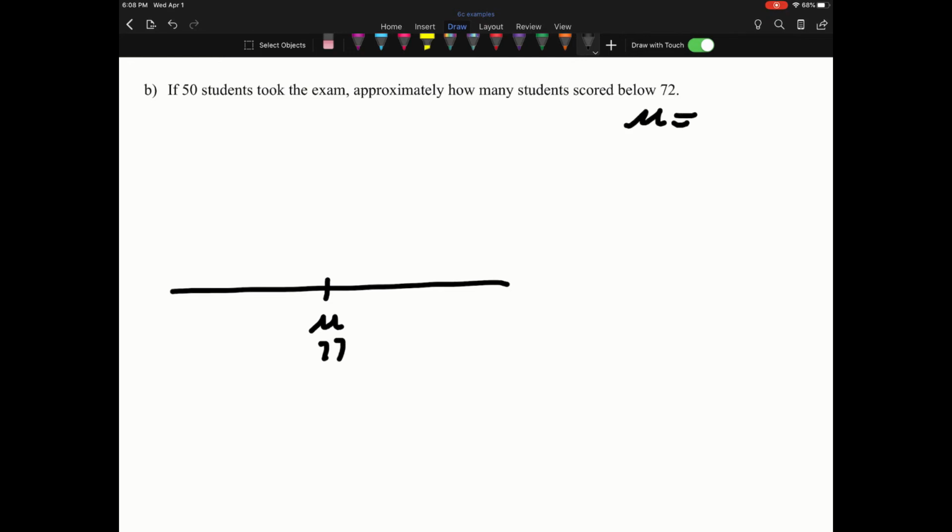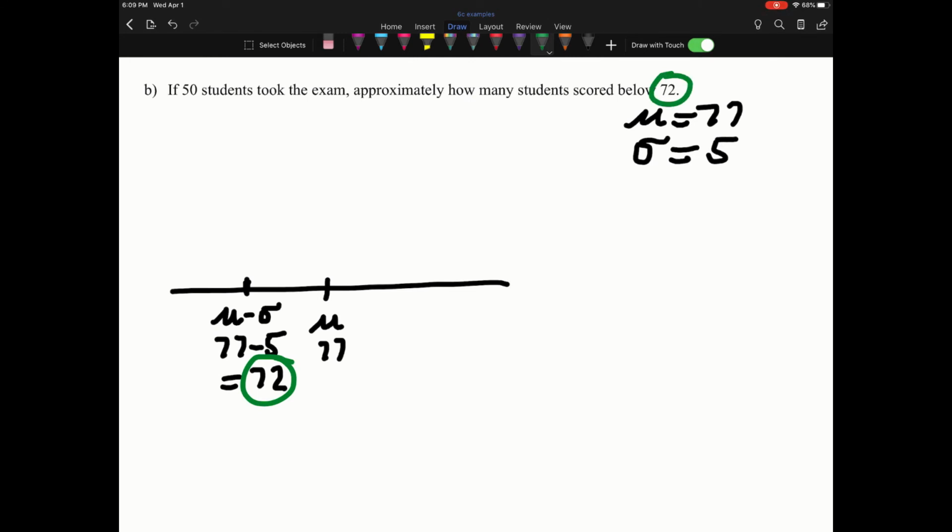So we have that the mean is 77 with sigma of 5. If I subtract from the mean 1 standard deviation, I get 77 minus 5, so the result is 72. And 72 is again the score I should be considering. So this is 1 standard deviation to the left of the mean.